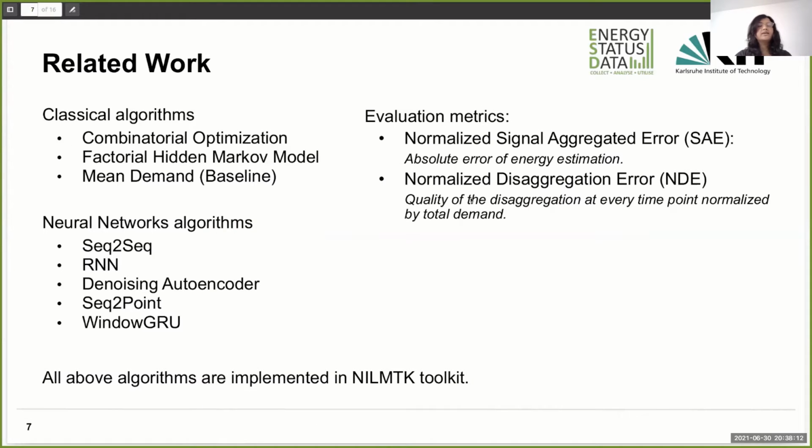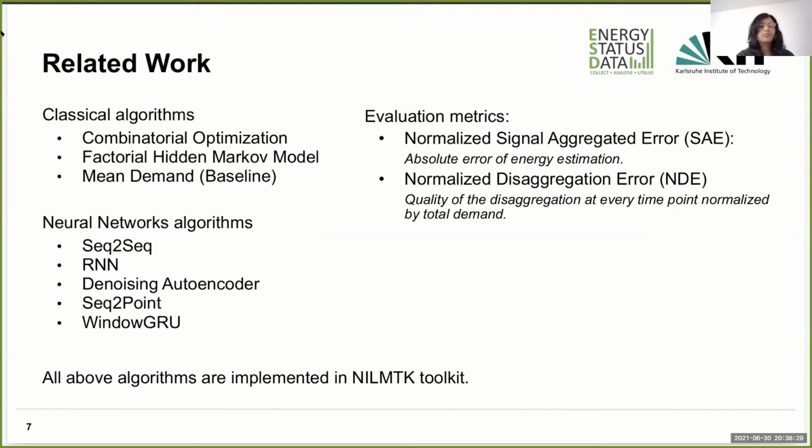Yeah. So now taking a step back, what other people have done in these areas, there are several classical algorithms and neural network algorithms to find out the load disaggregation. For example, the combinatorial optimization and factorial hidden Markov model, and in neural networks there are sequence to sequence, RNN, and so on and so forth.